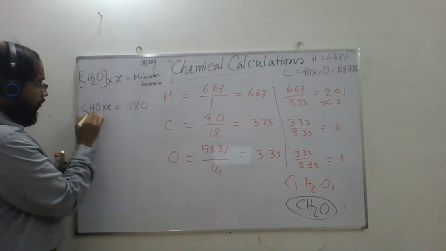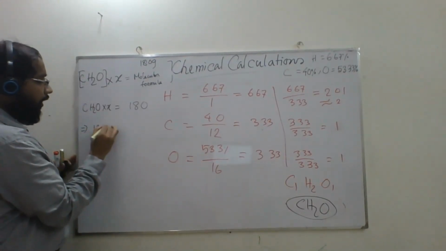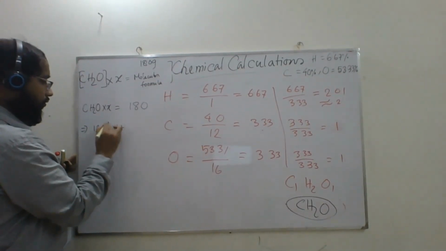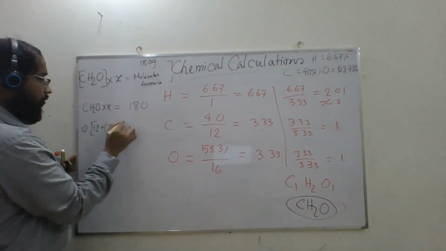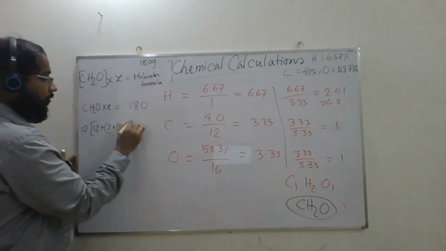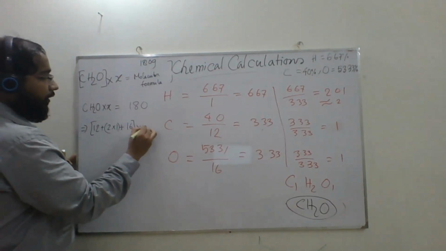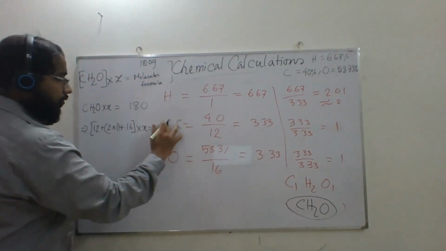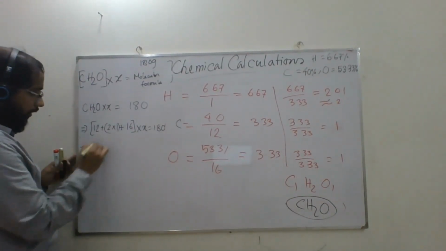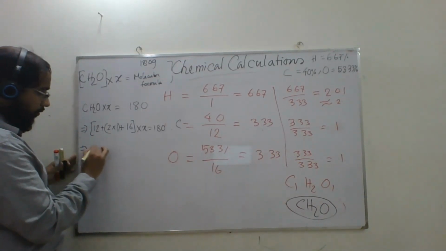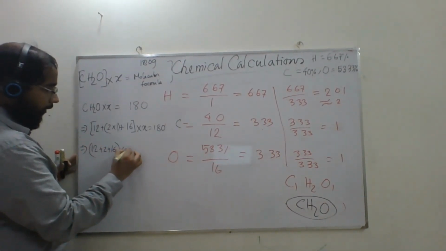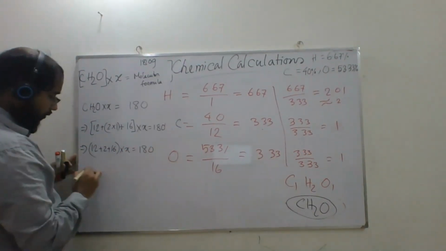That means we can write 12 plus 2 into 1 plus 16 into X equal to 180. Now we can write 12 plus 2 plus 16 into X equal to 180.